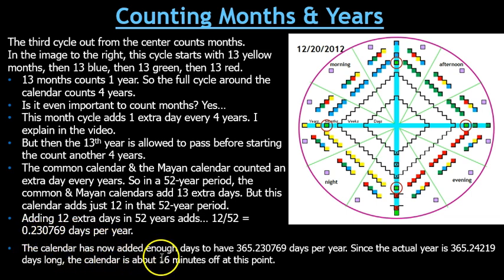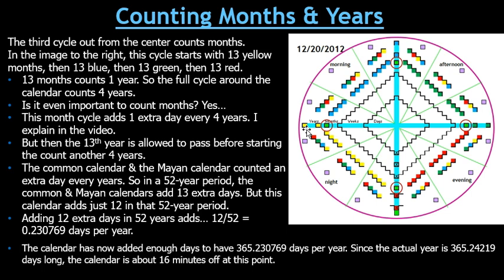The calendar has now added enough days to have 365.230769 days per year. Since the actual year is 365.24219 days long, the calendar is about 16 minutes off at this point.